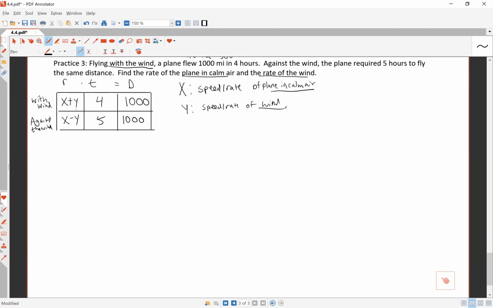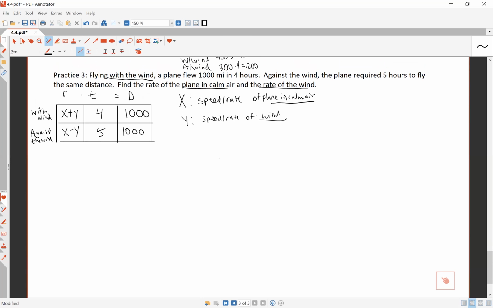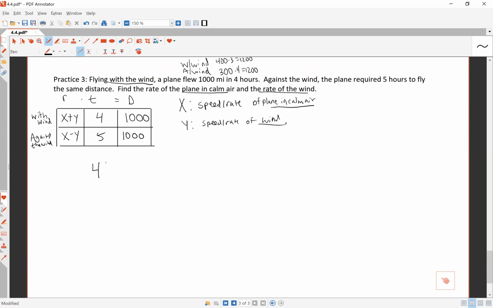So we follow the formula and we take the rate times time. 4 times x plus y equals 1,000, and 5 times x minus y equals 1,000.